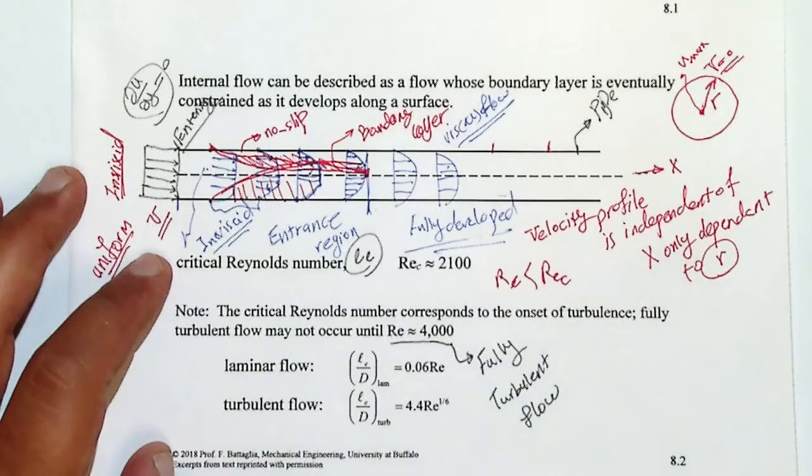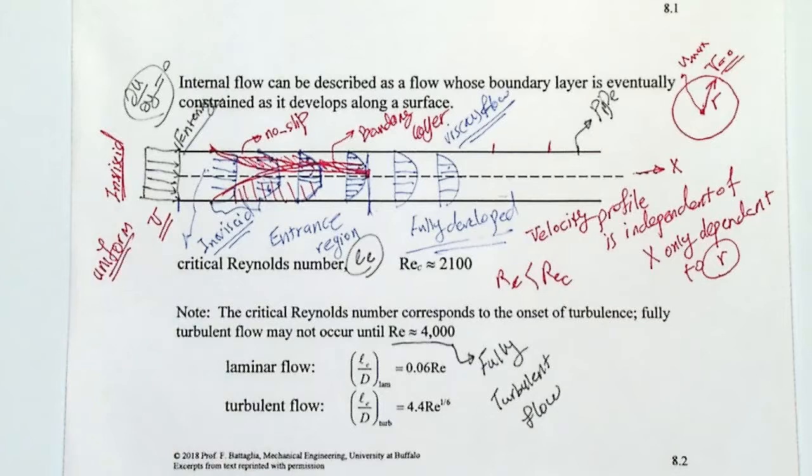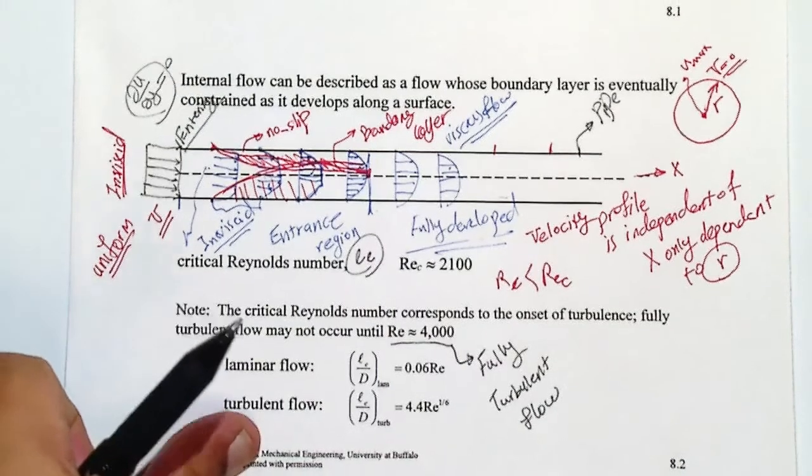Okay, that's for now: knowing how the velocity profile changes along the pipe in laminar flow, and that for turbulent flow you will have chaos.